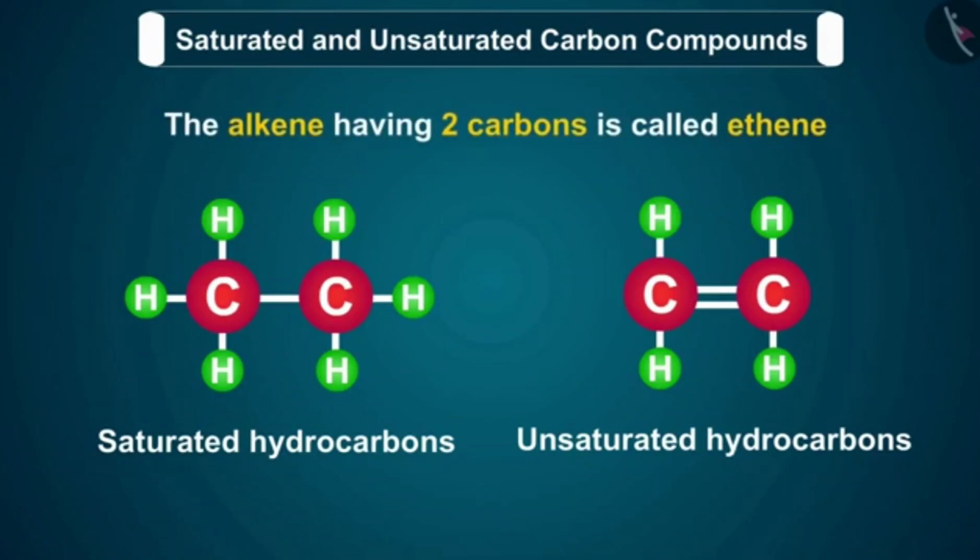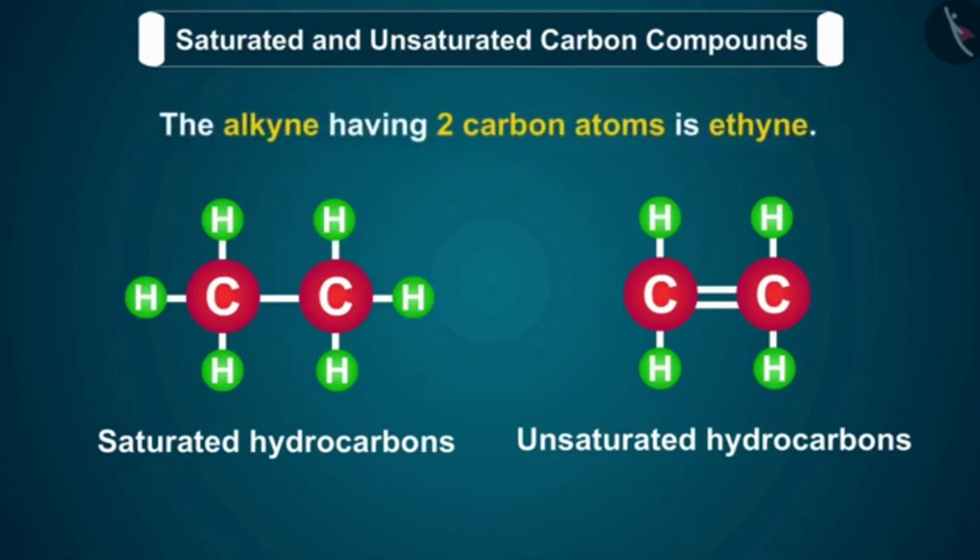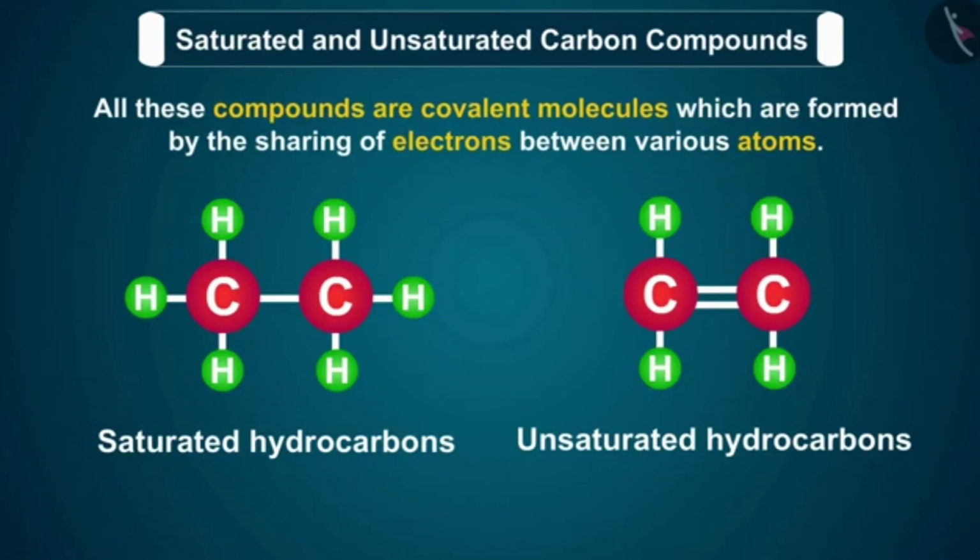The alkene having 2 carbons is called ethene. And the alkyne having 2 carbon atoms is ethyne. All these compounds are covalent molecules which are formed by the sharing of electrons between various atoms.